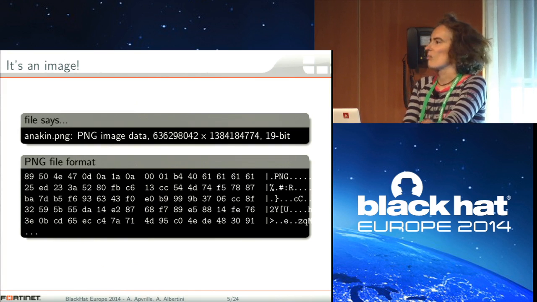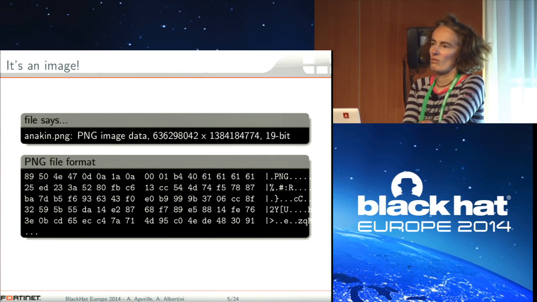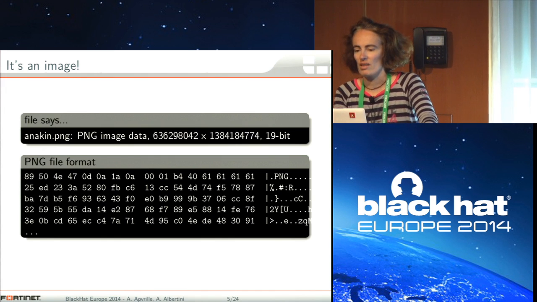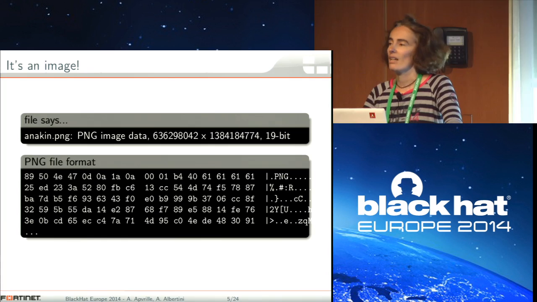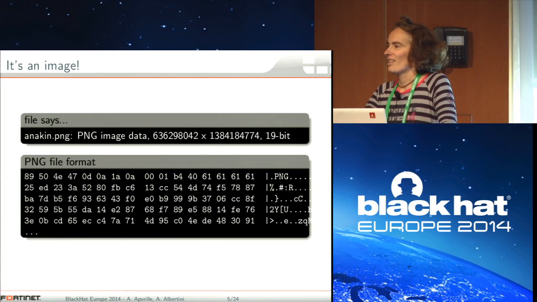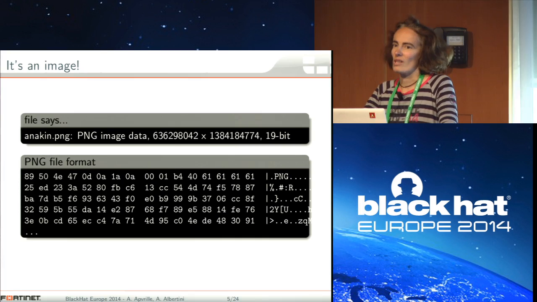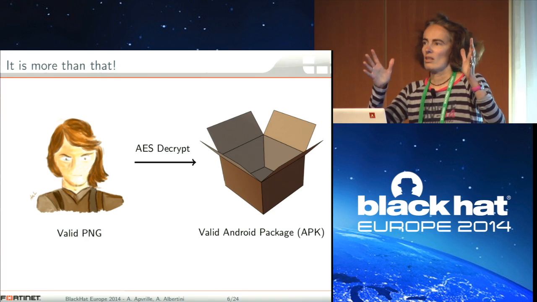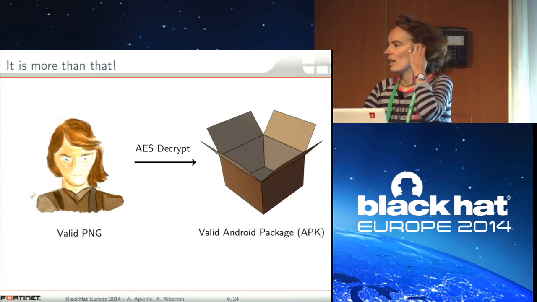It's a perfectly normal PNG image, normal header, displays all right, nothing really special with it. Except, of course, it's more than an image, it's also a valid Android application, provided you decrypt it with the right key. So the same image can also be a valid application.